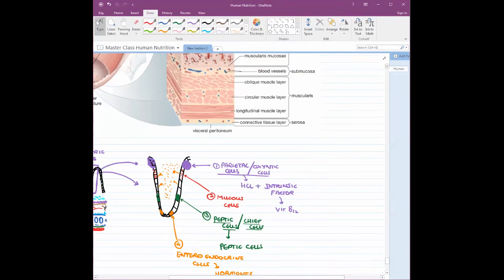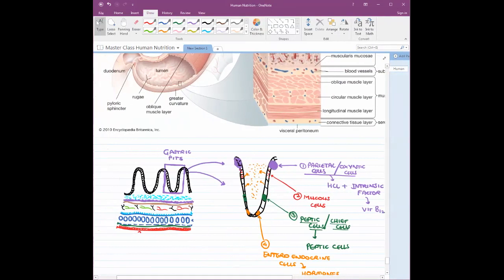And in your NEET exams, please remember this. They will keep on asking what is the job of parietal cells, what is the other name for these cells. So you need to know all these names by heart.